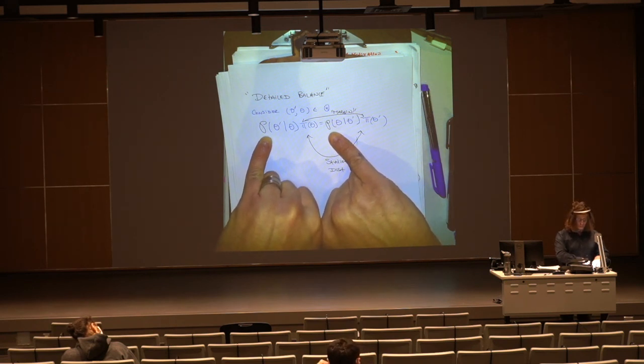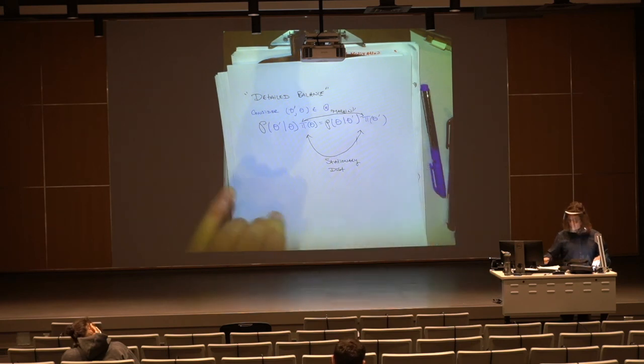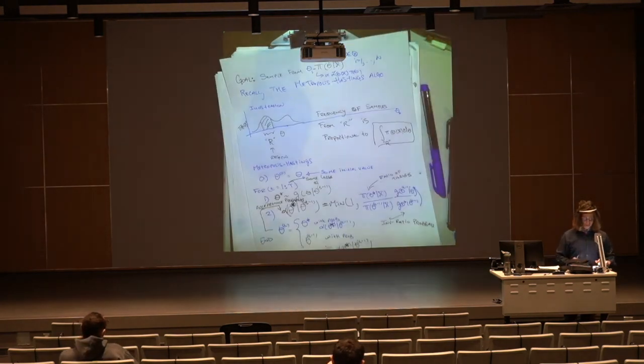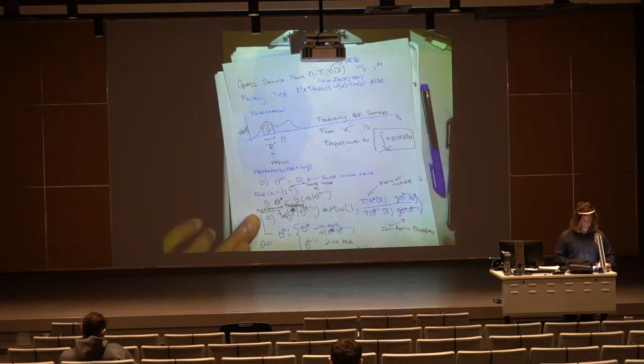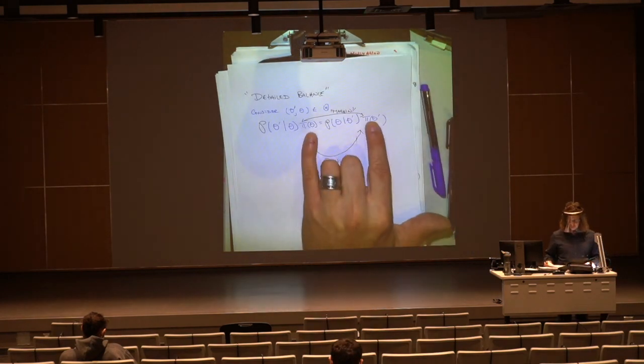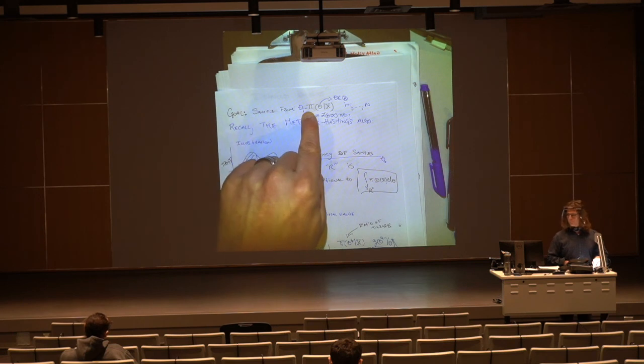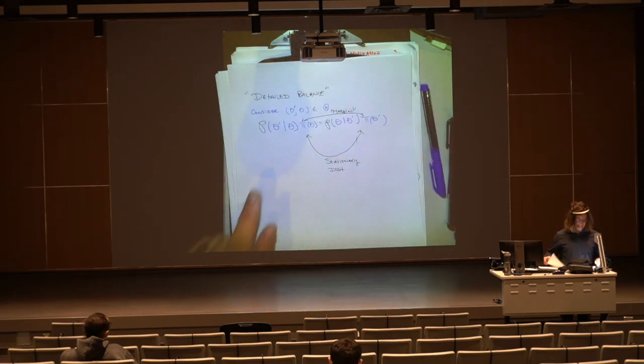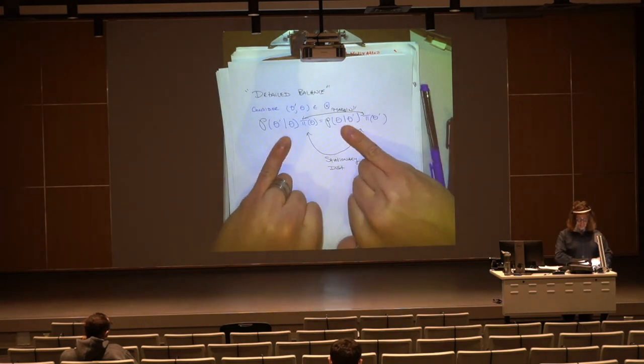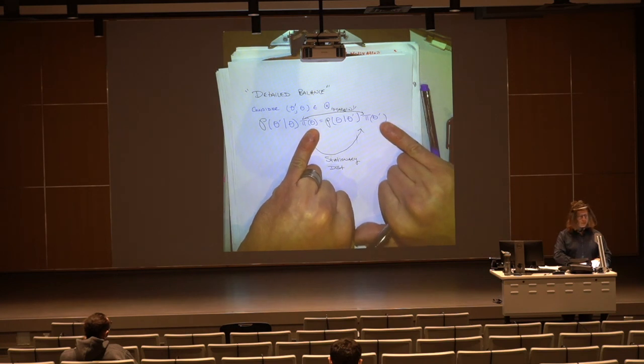So what I'm going to show you is that this equation is true for this algorithm. And the margin, the stationary distribution, is going to be that function. And so this is the algorithm, and this is our target right here.